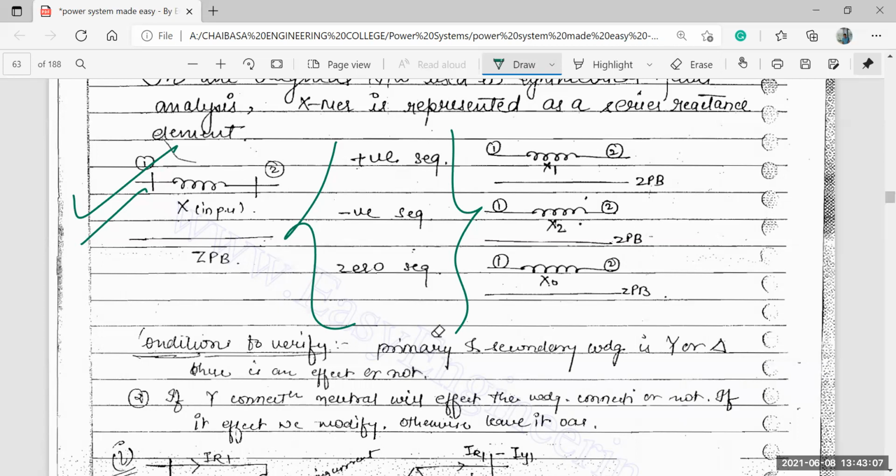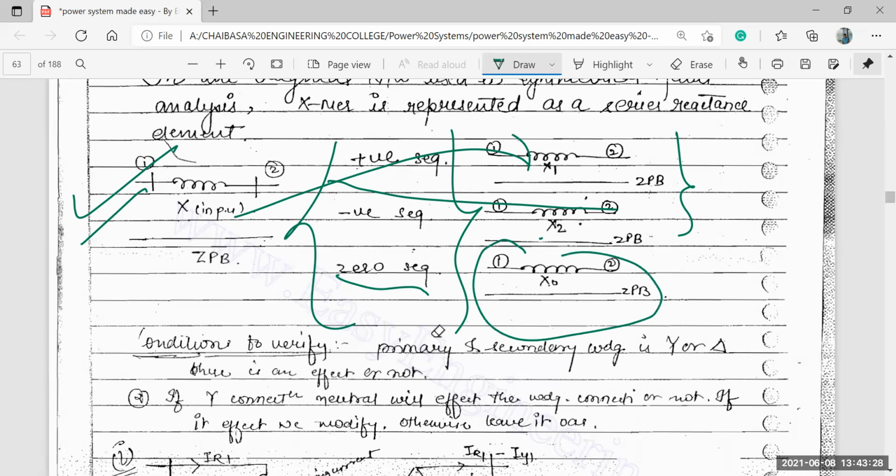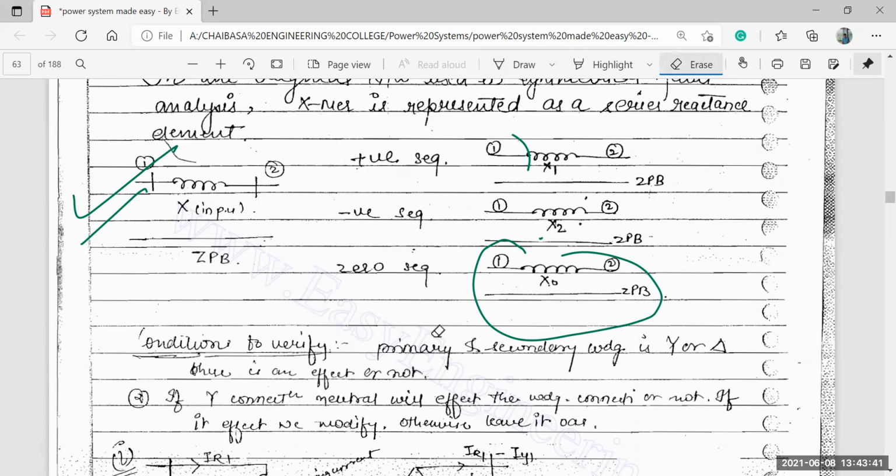In the positive sequence it is represented the same and written as X1. The negative sequence is also the same and represented by X2, whereas in the zero sequence network the transformer is in the same manner and written as X0. So these small changes are observed.